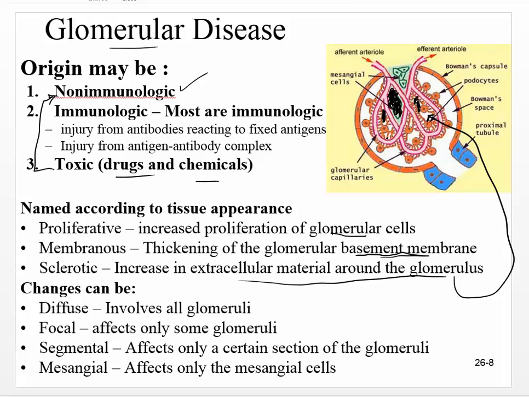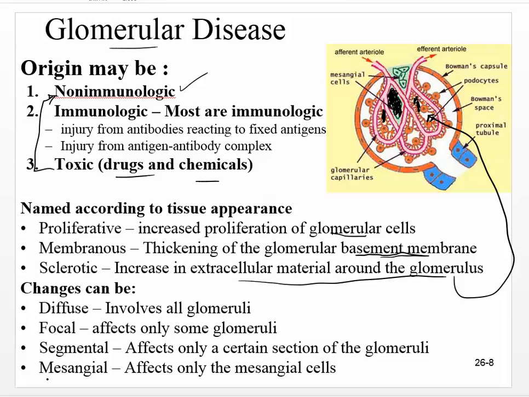So that's sclerotic. The changes can be diffuse, which means it involves all the glomeruli, or it could be focal, which means it only affects some glomeruli, or only a certain section of the glomerulus, which is segmental.